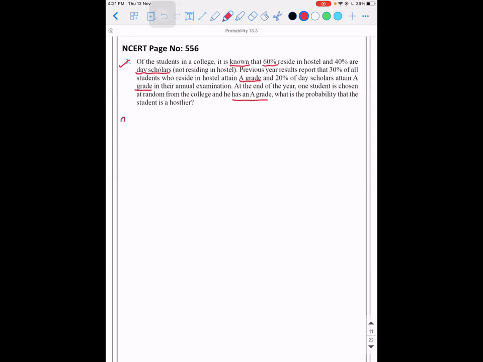So what are the two events? Event 1 is the student resides in hostel. E2, the student is a day scholar.